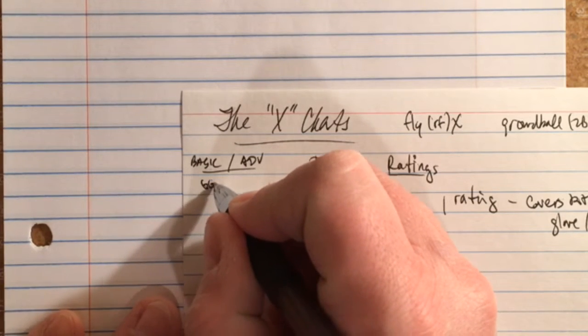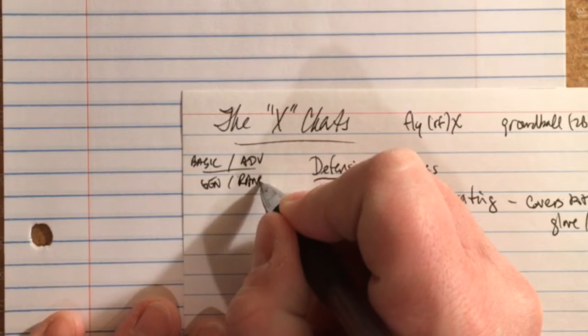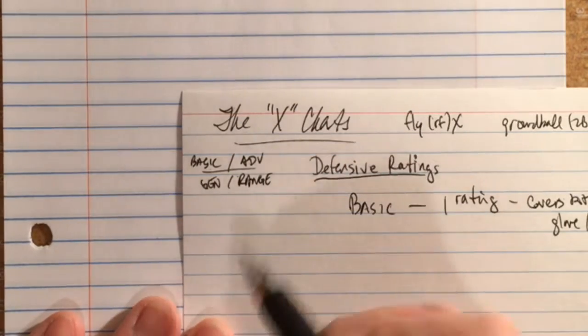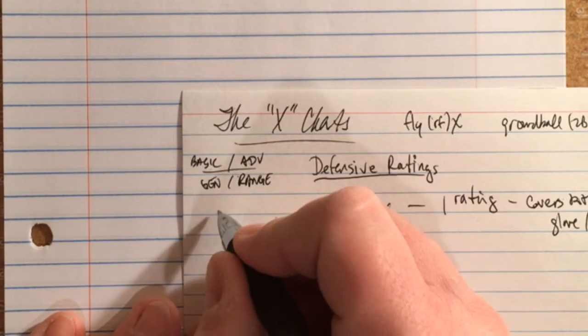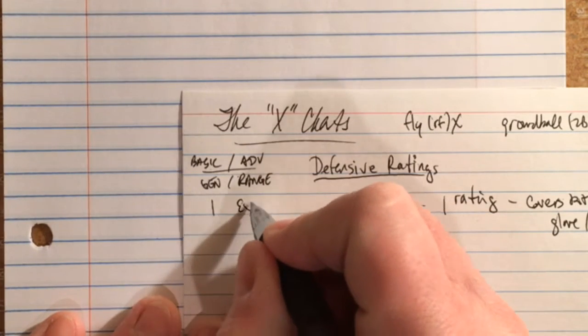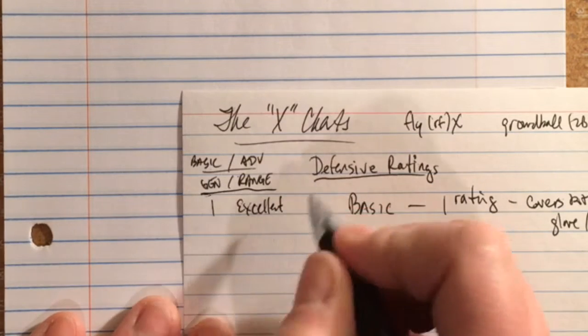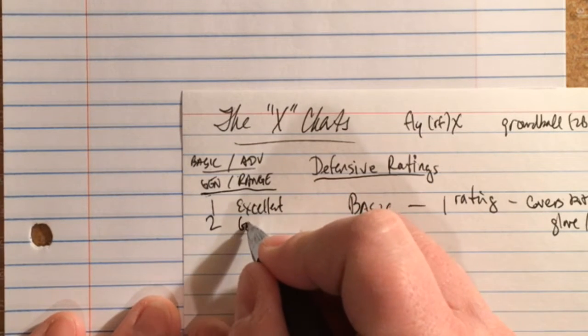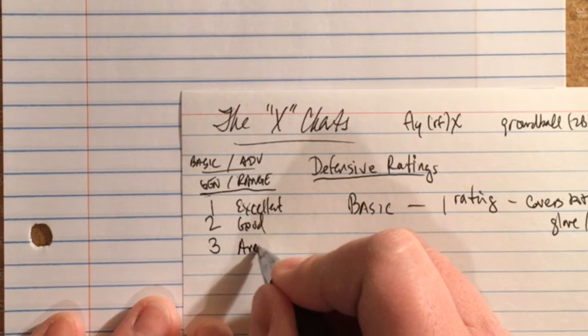So we'll just say the general rating, and then we're going to say range, because, like I said, they are kind of boiled down into the same rating for basic. So 1 is excellent, 2 is good, we'll say, 3 is average.